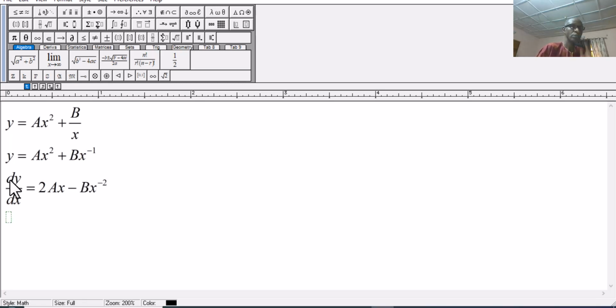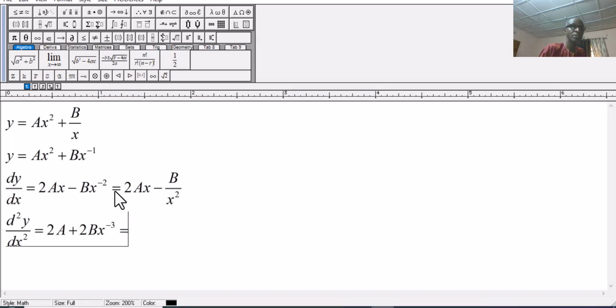So then let me rewrite this as 2ax minus b over x squared. That is that. Then we take the derivative again, d2y/dx squared. In this case we will now have 2a plus 2b x raised to power minus 3.